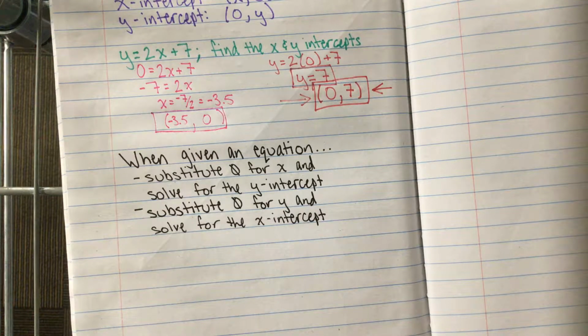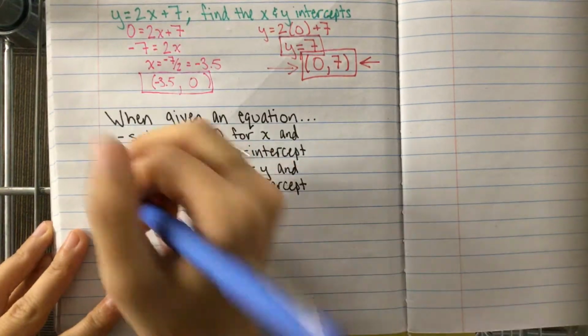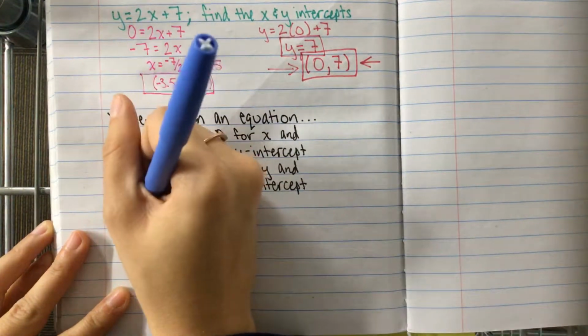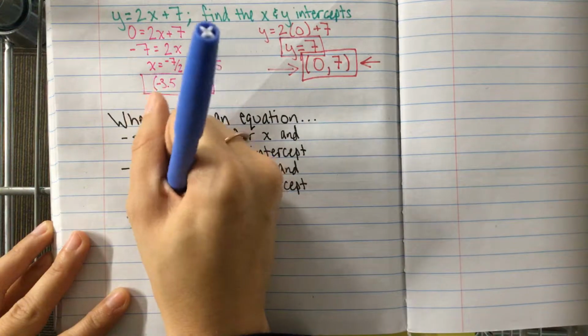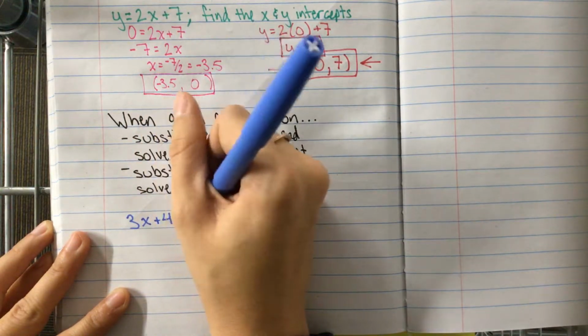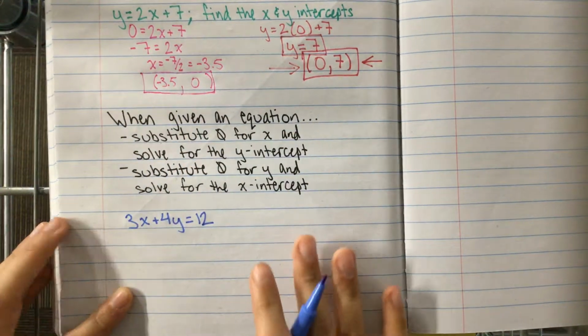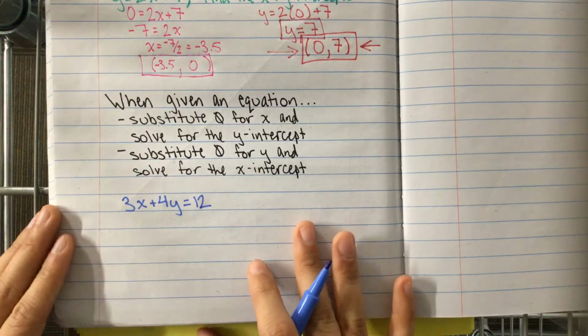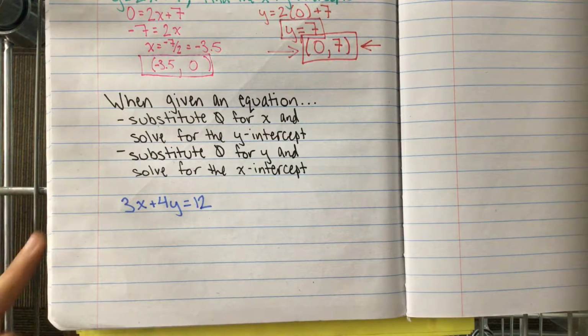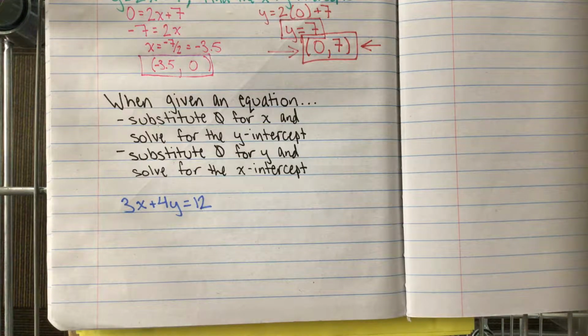Let's try this out again. If I'm given the equation 3x plus 4y equals 12, I want to find the x and y intercepts. We can't just identify the y-intercept right off the bat, because this is not in slope-intercept form.